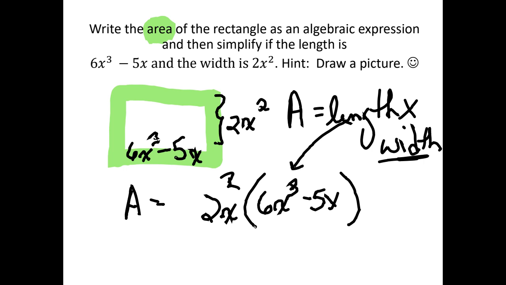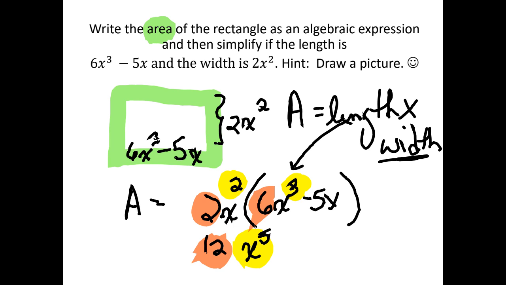This 2 and this 6 are going to give me 12. Okay. Now, the exponents are adding. This 2 and this 3 are going to give me x to the 5th, minus 2 times 5 is 10.